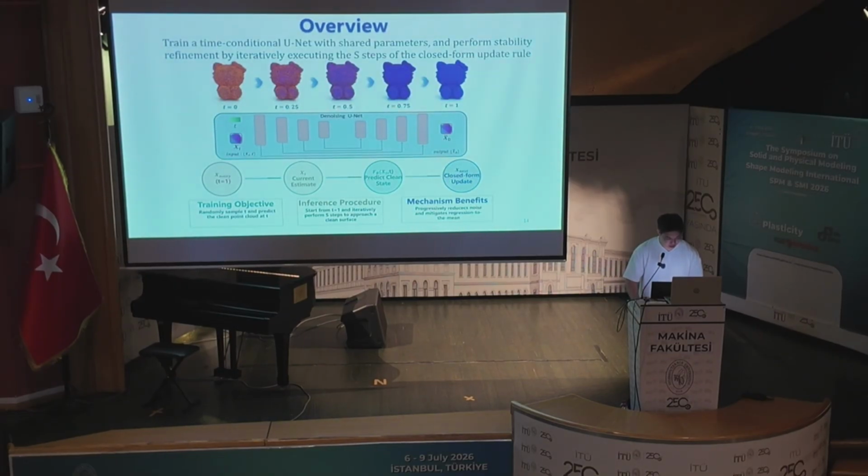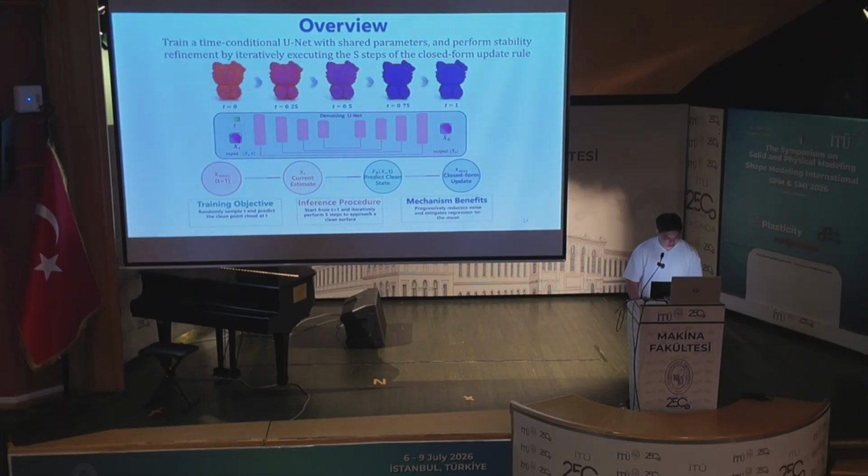Here is the overview of PointInDI. During training, we randomly sample a degradation level T, construct an intermediate state between the clean point cloud and the noisy point cloud, and train a time-conditioned U-Net to predict the clean state.